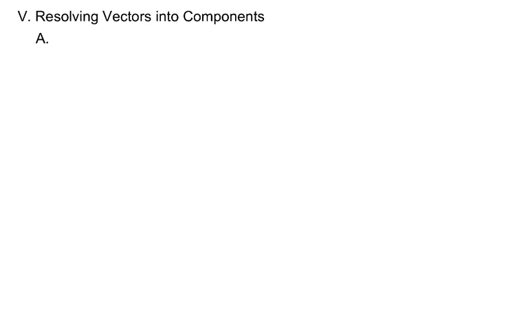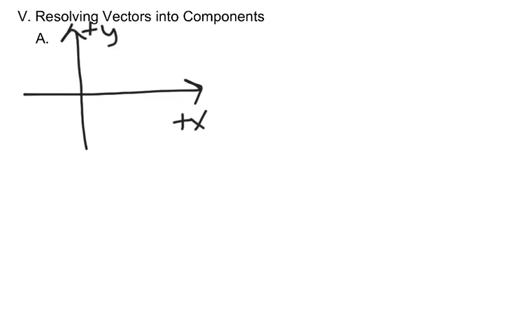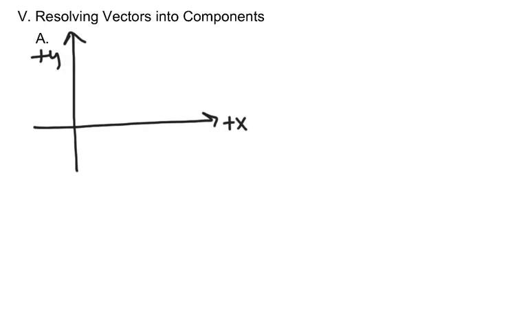The last thing I want to talk about in this lesson is resolving vectors into components. So again, we have our traditional xy coordinate axis, plus x, plus y. Let's say I have some vector A in this direction, and let's say it is 30 degrees above the horizontal.